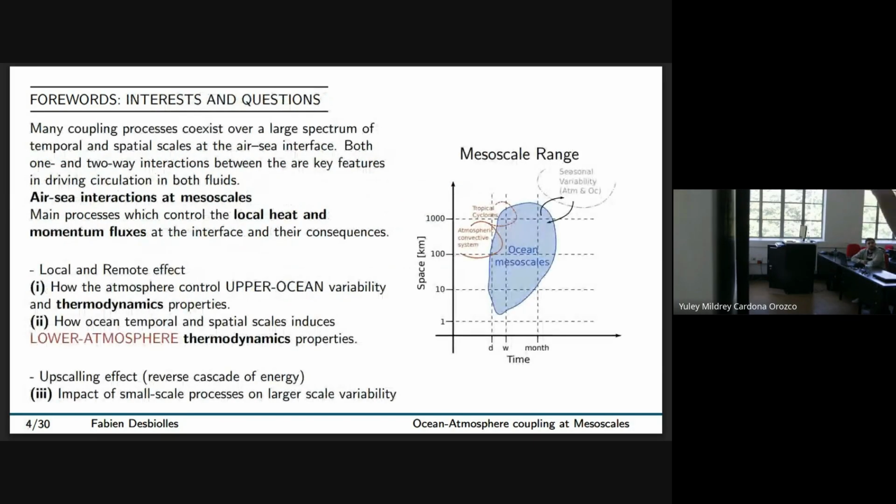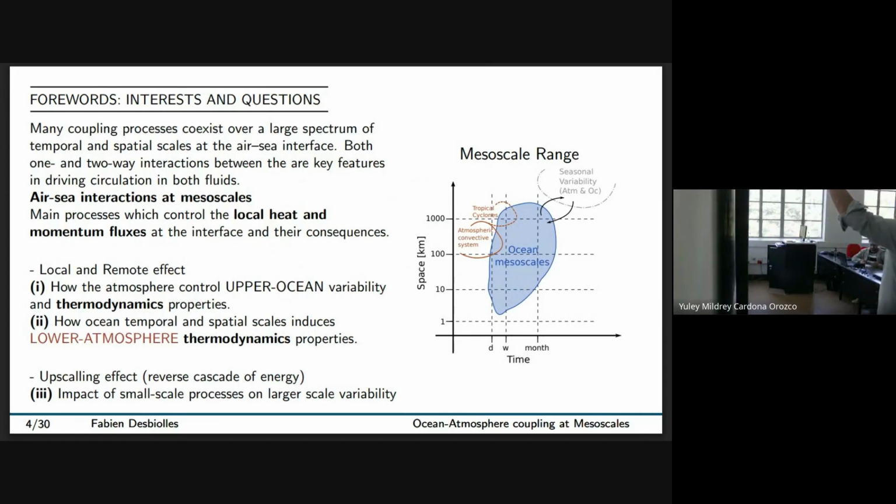Why? It is because we know that many processes coexist, okay, over a large spectrum of temporal and spatial scales between atmosphere and ocean. And those interactions may be key features for the dynamics of the atmosphere and ocean. Today I'm mostly going to talk about interaction at mesoscale, okay?